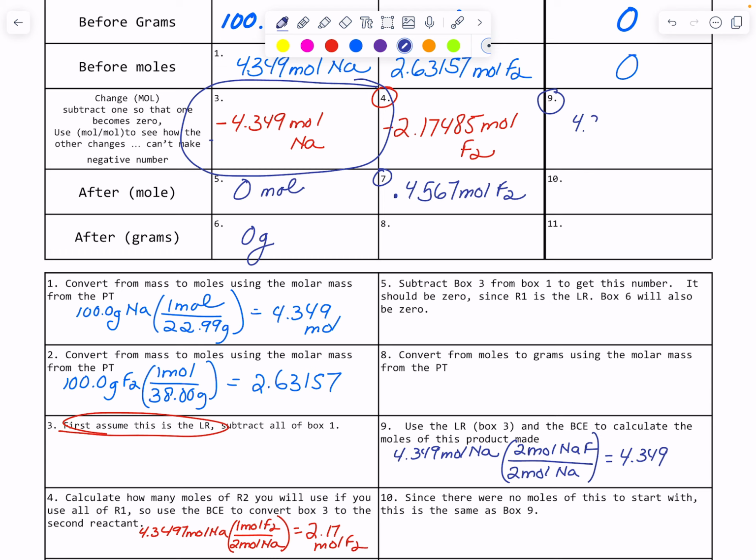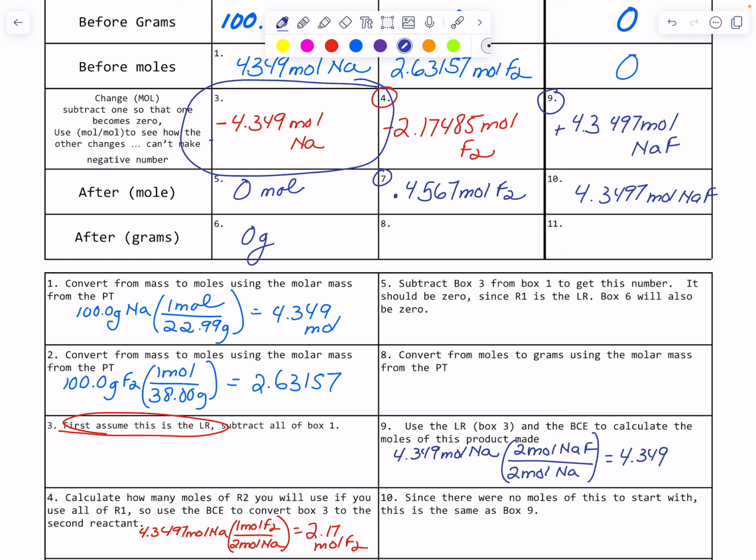So this is 4.3497 moles of sodium fluoride. And of course, if I started out with none and I added 4.3497, I'm going to wind up with 4.3497 moles of sodium fluoride.